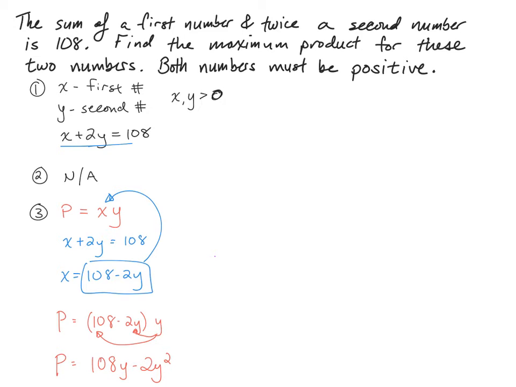Step 4 was to find the domain of this new function. I'm just going to write it over here again. So we can find the domain of this function right here. What possible y values are we allowed to have? Well, since this is a polynomial, in fact a quadratic polynomial, the domain of a quadratic polynomial is all real numbers.